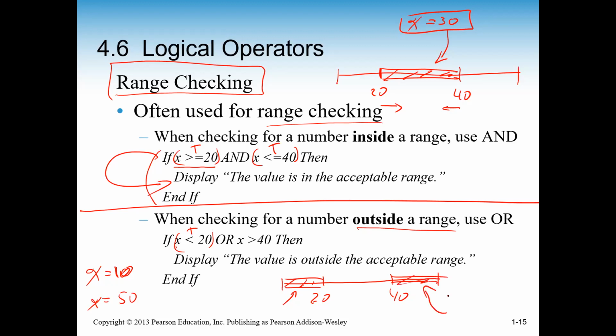So either one will be outside of the range that has been designated from 20 to 40. In the first situation we get true and false, but we know we only need one of them to make the entire expression true. And if the entire expression is true, then we go in that flow: display the value is outside the acceptable range. Okay? Any questions about this?